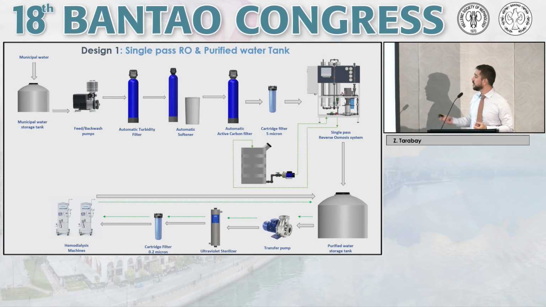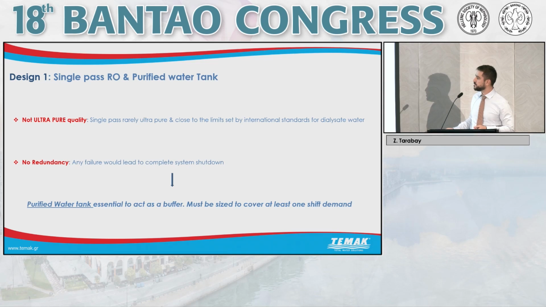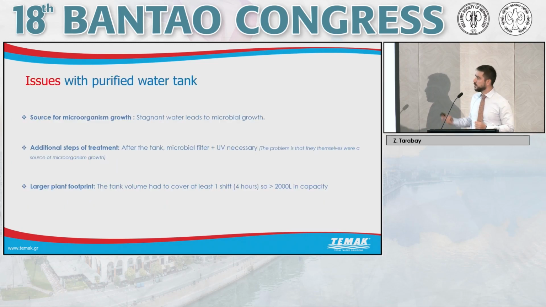What does this mean? We're obliged to have a purified water tank. And this purified water tank essentially must be sized to cover at least one hemodialysis shift. The issue with the purified water tank, though, is that it's a source of microbial growth. Stagnant water leads to microbial growth.